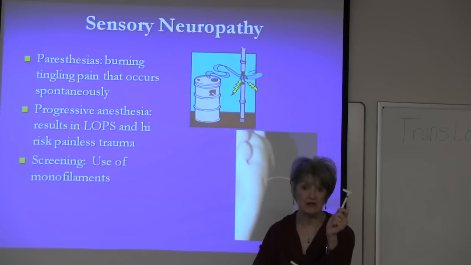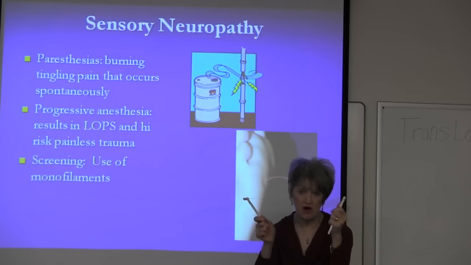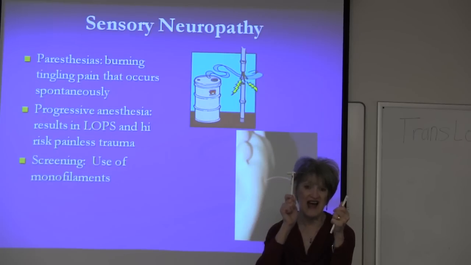It means they might feel some things, but they're not going to feel tight shoes, repetitive rubbing, those kinds of things. But if they fail to respond to 6.10, those are the patients who can step on a nail and not recognize it. Those are the patients who can put their foot in a very hot tub of water and not recognize it. These patients are even higher risk.